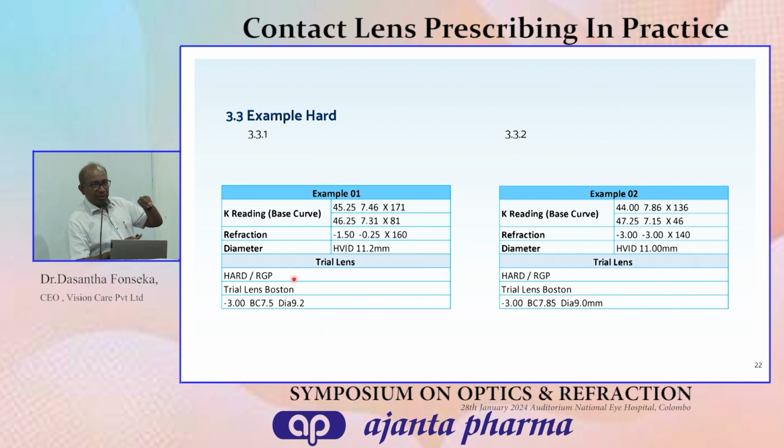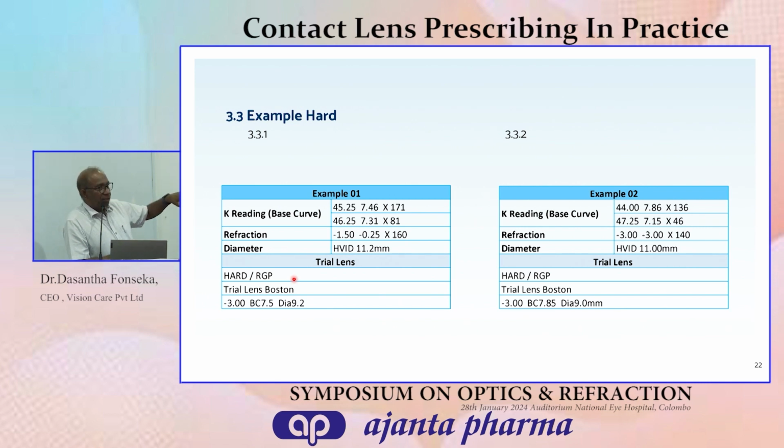The smaller the lens, the better it sits. The other way around, if it is very steep, you need a bigger lens. There the base curve is 7.85. That is the flat base plus flat base that we looked at.